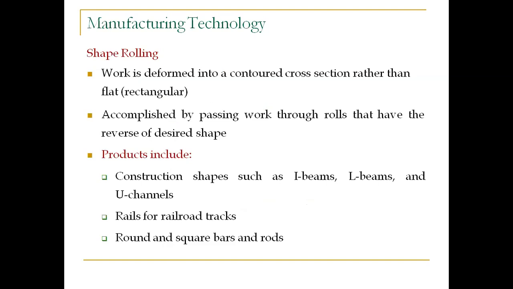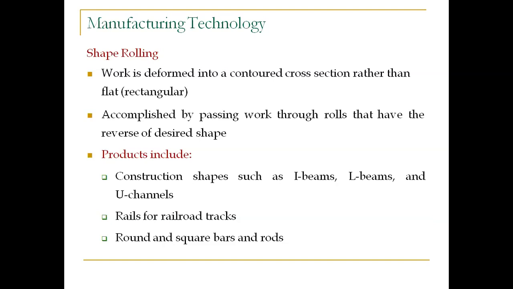And next one is shape rolling. So the work is deformed into a contoured cross section rather than flat, accomplished by passing work through rolls that have the reverse of the desired shape. The products include construction shapes such as I-beam, L-beam, and U-channels.